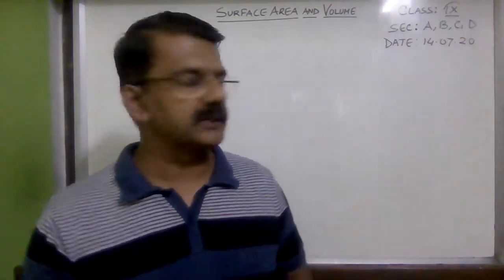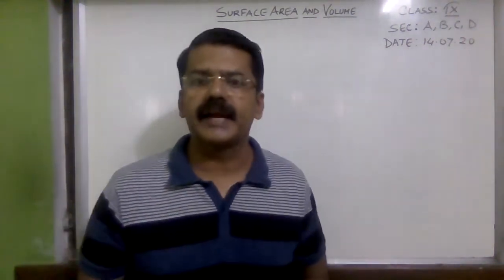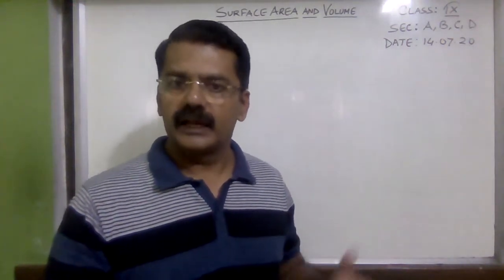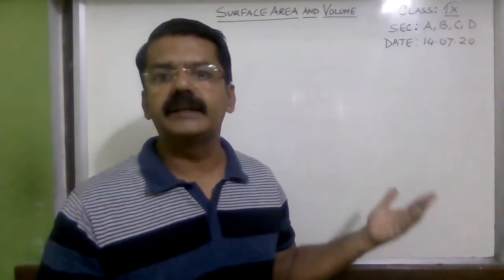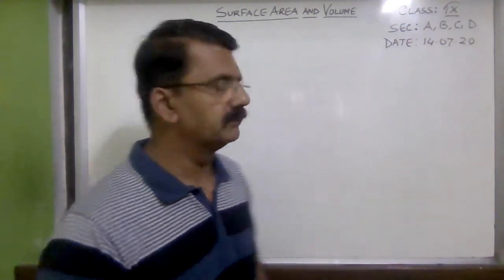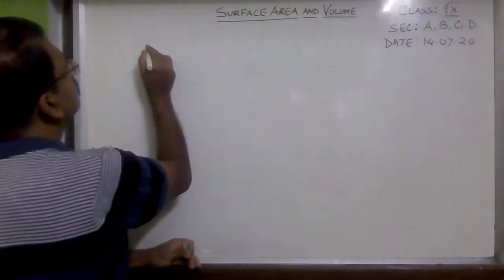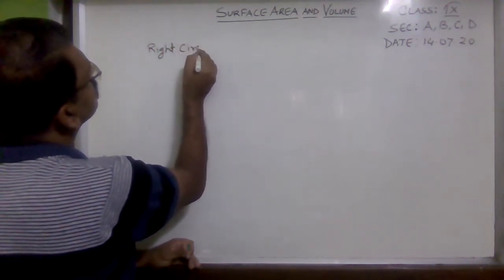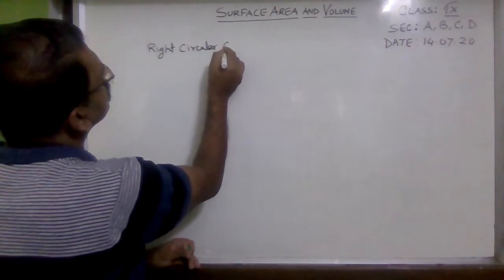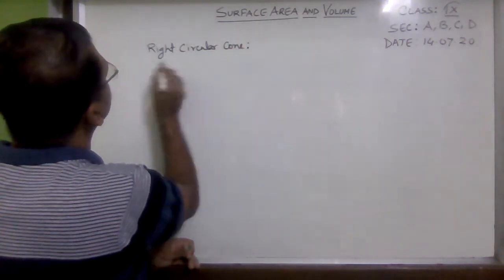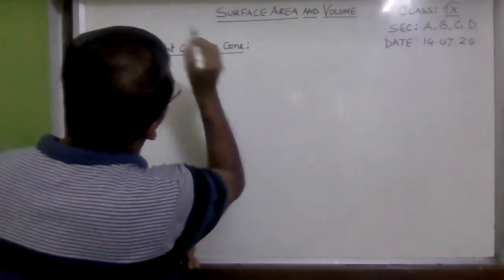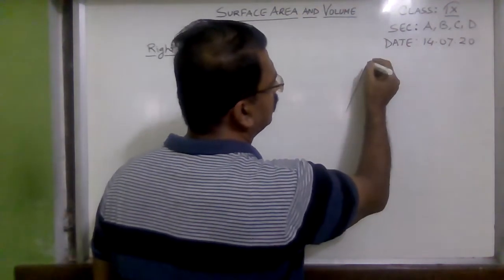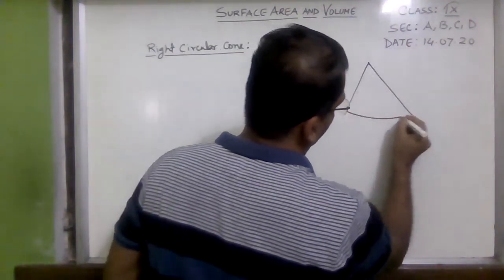Before starting the questions, just a quick recap of the formula we are going to use in this right circular cone. Right circular cone. Now this is the shape of the solid.